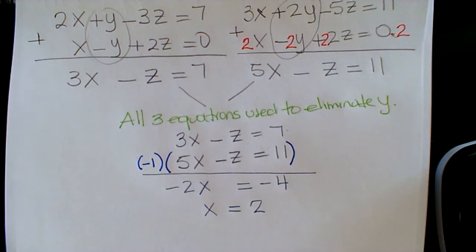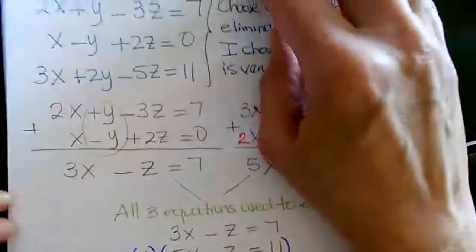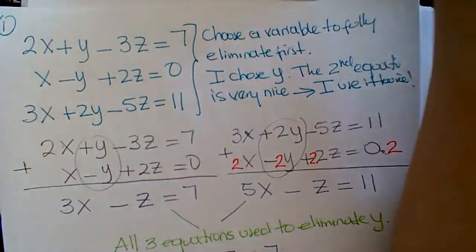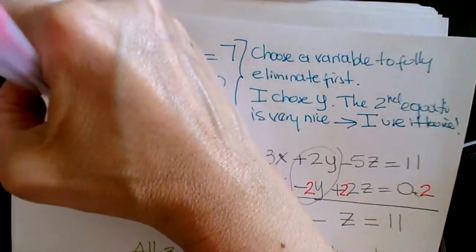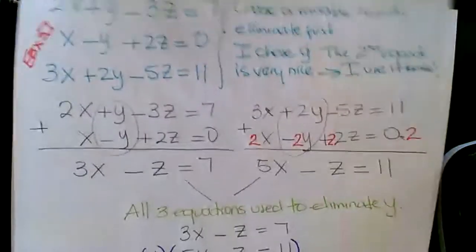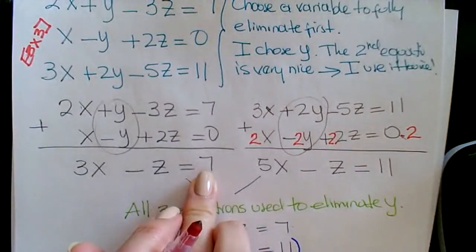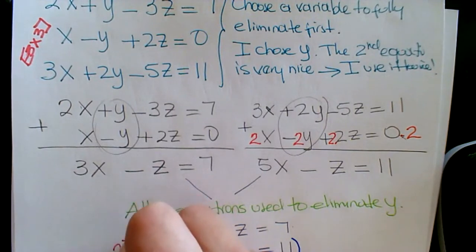So I just went from 2 to 1. We started right here with a 3 by 3 system of equations. We went down to 2 by 2.